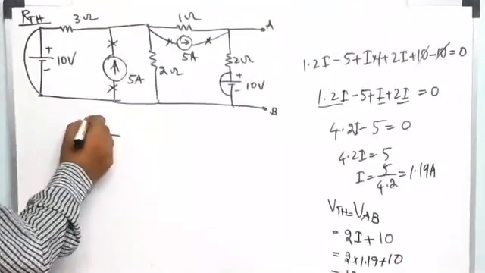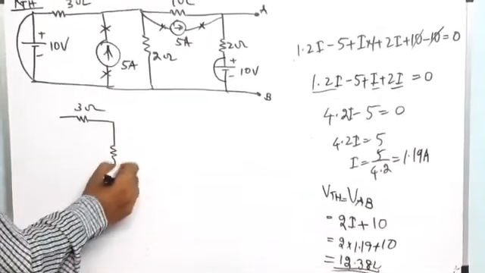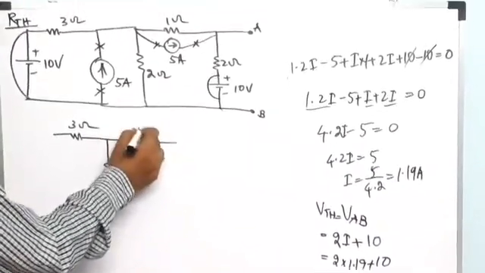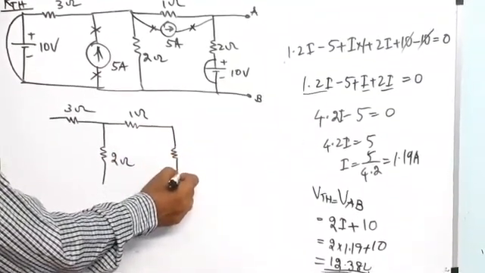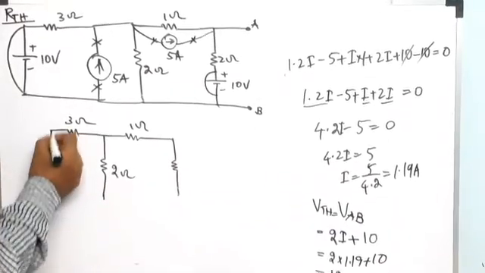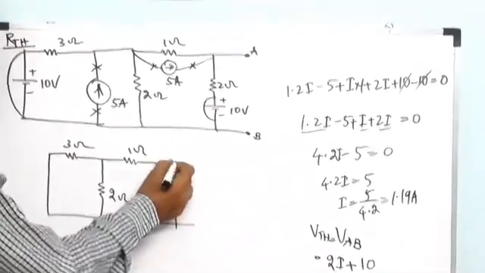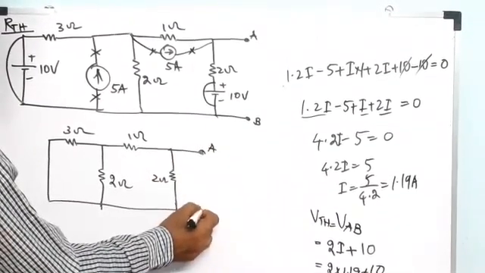So the 3 ohm is open, so only 2 ohm remains. This is 1 ohm resistance. So this is open, and here the 2 ohm resistance is shorted. 2 ohm resistance, this is A and B.